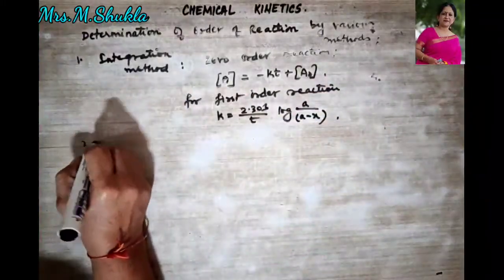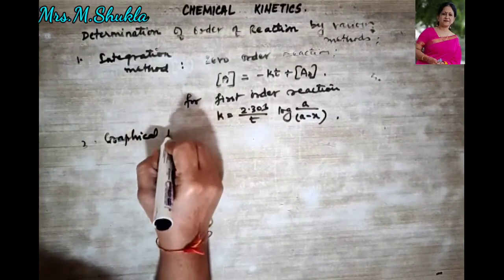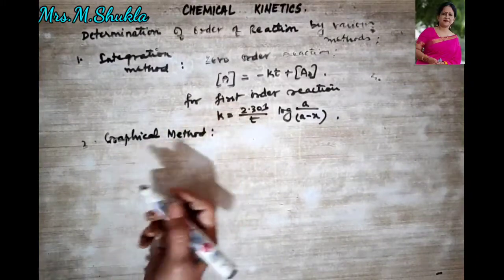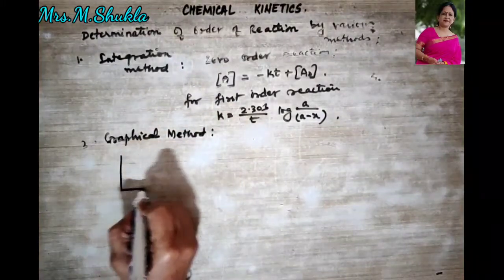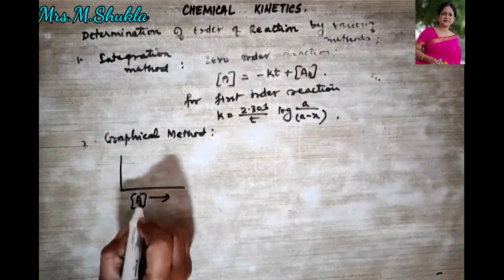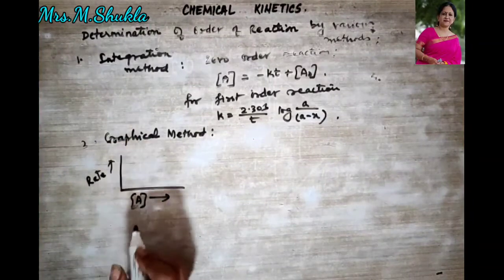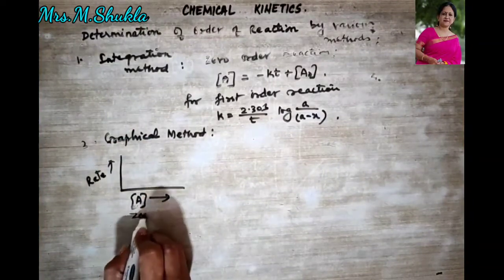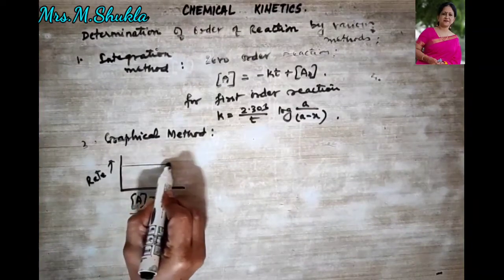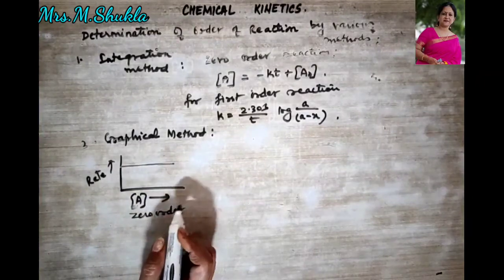Okay. Now the second method was which one? Your graphical method, right? The graphical method for the zero order. How to recognize the zero order? If this is your concentration of A and this is your rate on the y-axis, and this is for your zero order, then you are going to get a line parallel to your concentration axis.